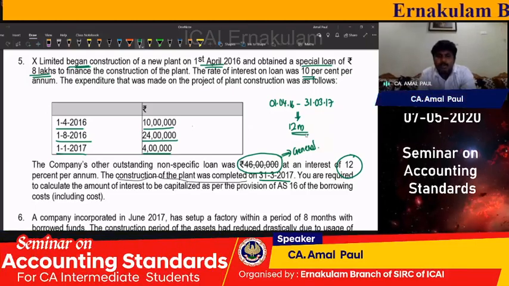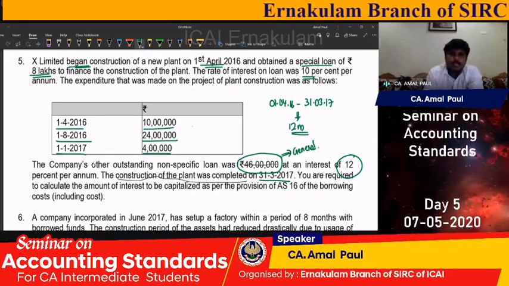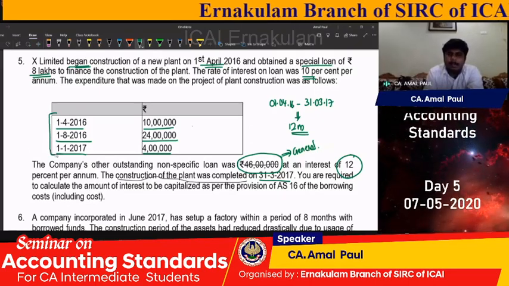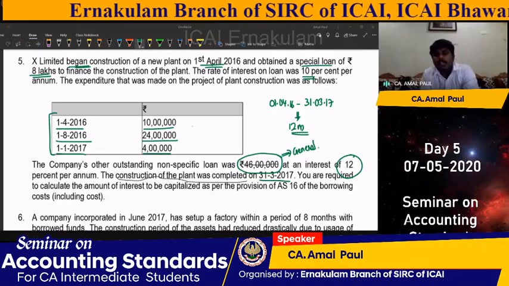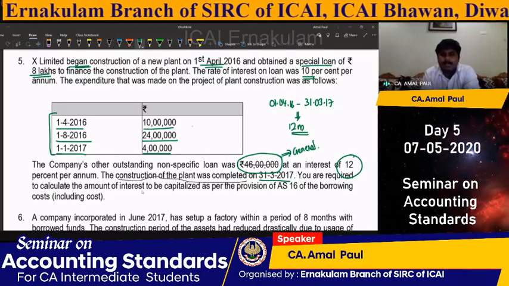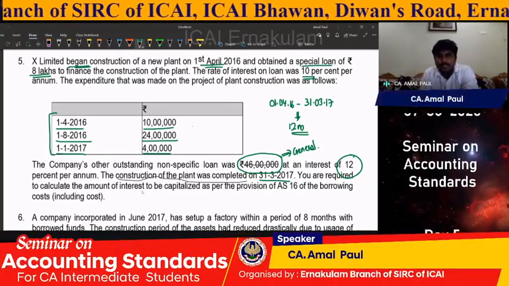So what you have to do is compute the total cost of this asset. This much cost you had incurred. Apart from this, how much borrowing cost you can capitalize, and what will be the total value of that asset. That is the amount you have to compute in this question.